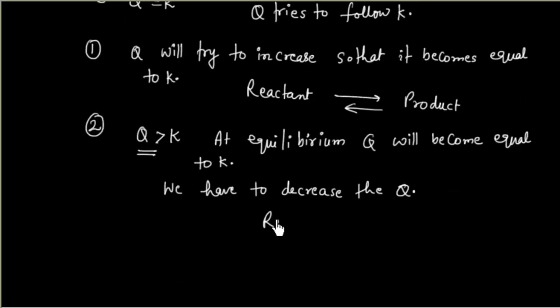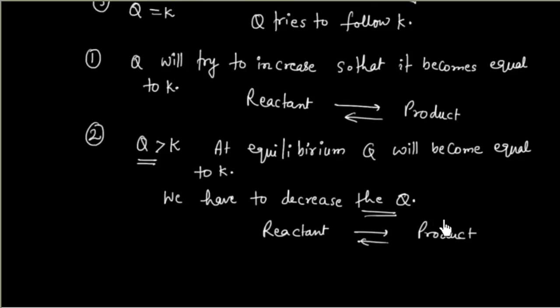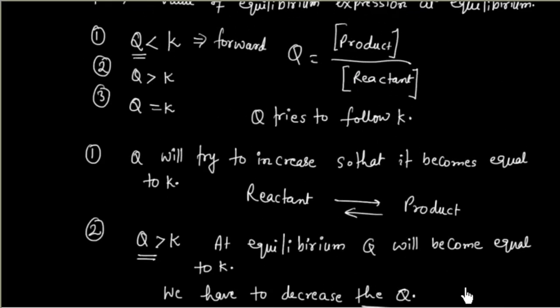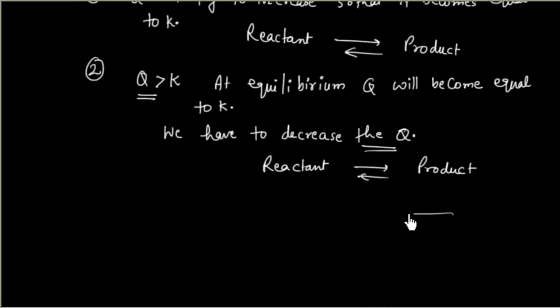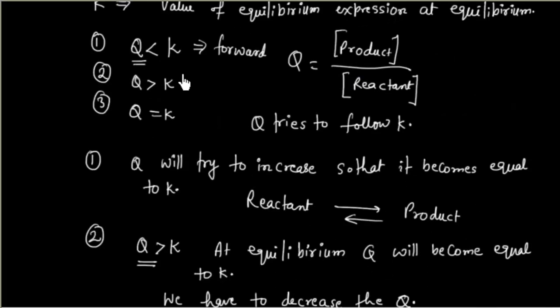So if I have reactant and product, we have to decrease Q, that is, we have to indirectly decrease the product, so the reaction will go in this direction. So in this case the reaction will go in the backward direction.